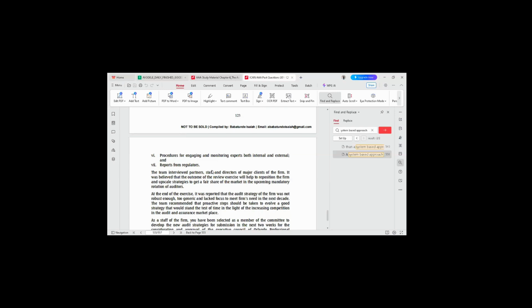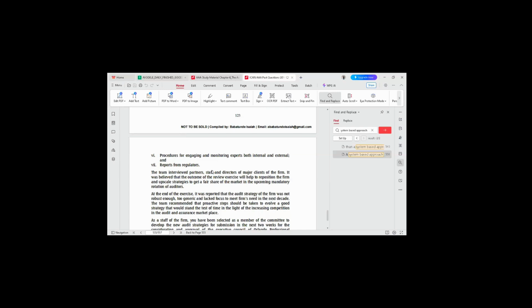Now, the team interviewed partners, staff, and directors of major clients of the firm. It was believed that the outcome of the review exercise will help to reposition the firm and upscale strategies to get a fair share of the market in the upcoming mandatory rotation of auditors.